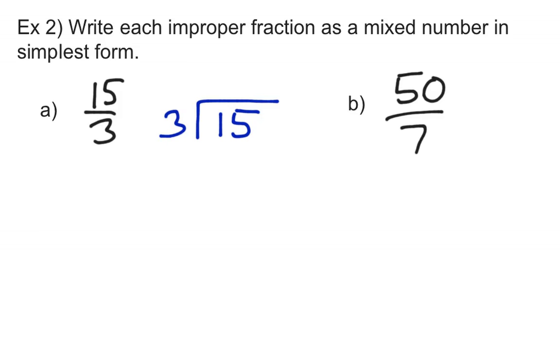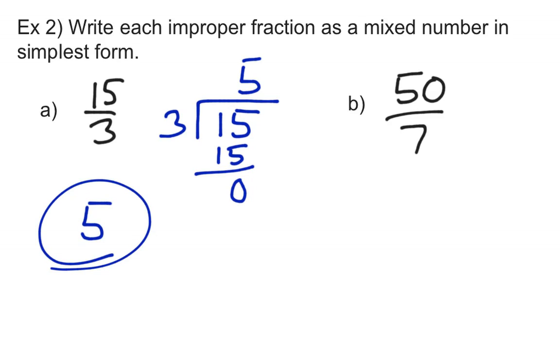When I do this, I end up getting that 3 goes into 15 exactly 5 times. 5 times 3 is 15. Look at this, I end up getting nothing left over. So since 15 divided by 3 is 5, we end up just getting a whole number, a 5.